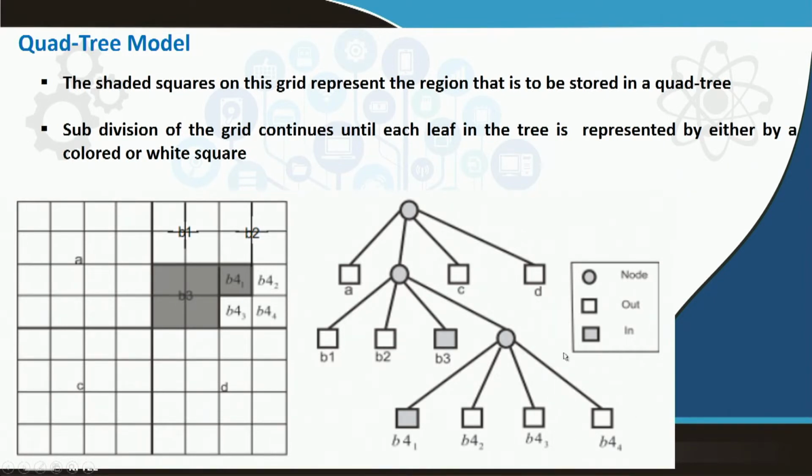Now B41 represents 1 pixel, B42 represents 1 pixel, B43 represents 1 pixel, and B44 represents another pixel, and these are individual pixels. So this is how the quadtree model actually stores data.